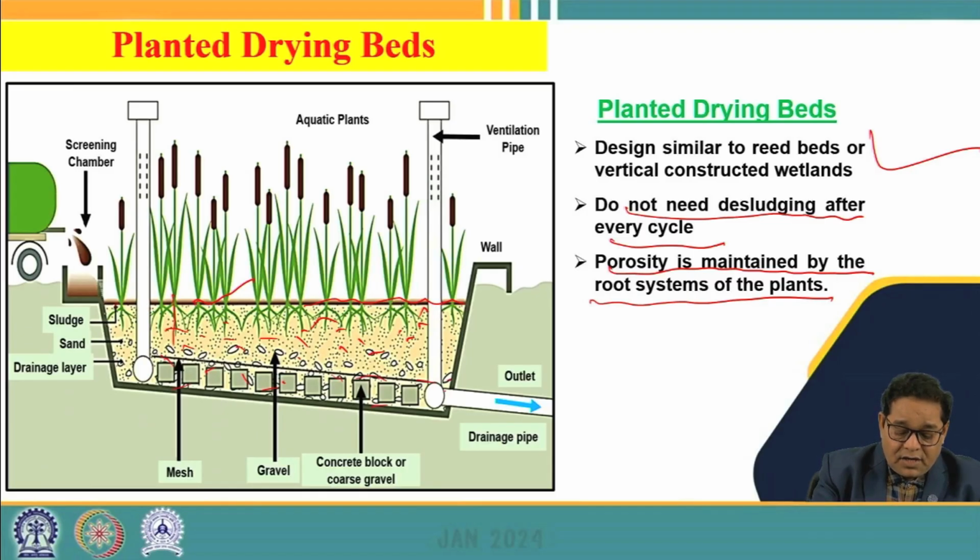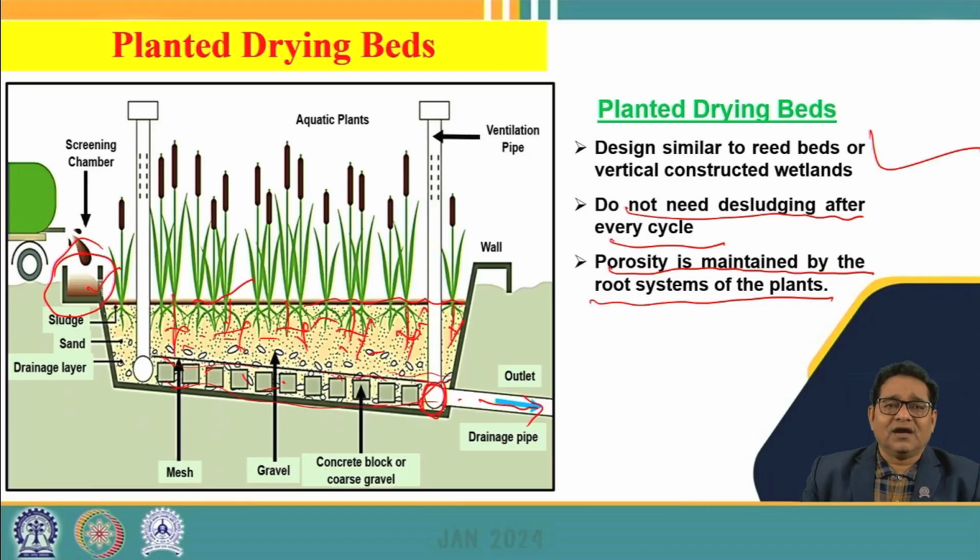all the water which is filtered through the entire cross sectional area will be collected, and this is the outlet through which the entire water will be taken out and recycled back to the treatment plant for further treatment. And one more difference here: before the sludge is applied, there is a screen made here.